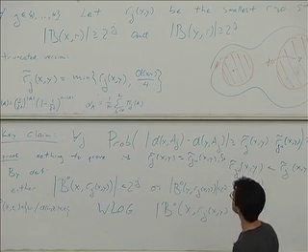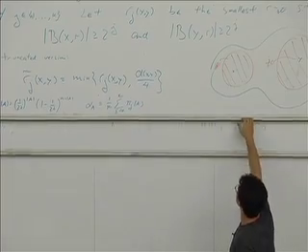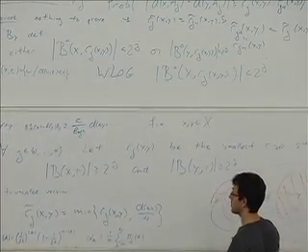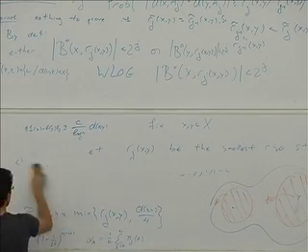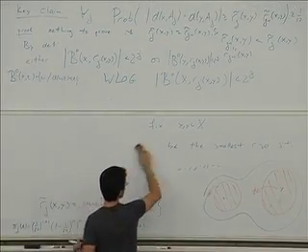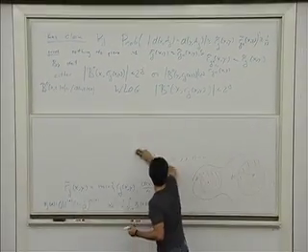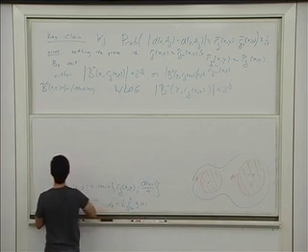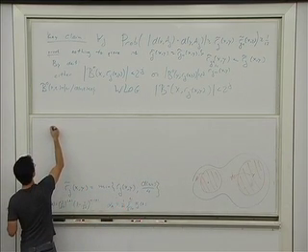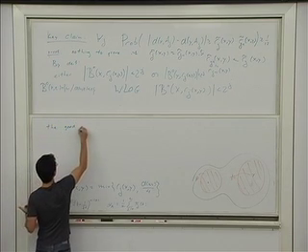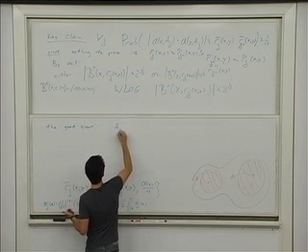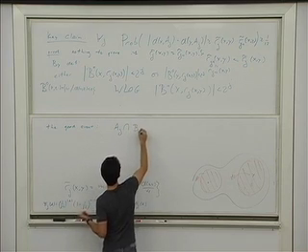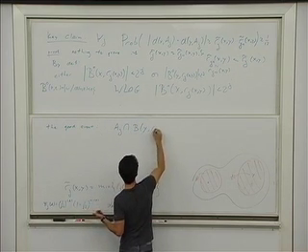And now, we will be very happy if the following happens. The good event is that Aj has a point in the ball around y of radius Rj minus 1 twiddle.